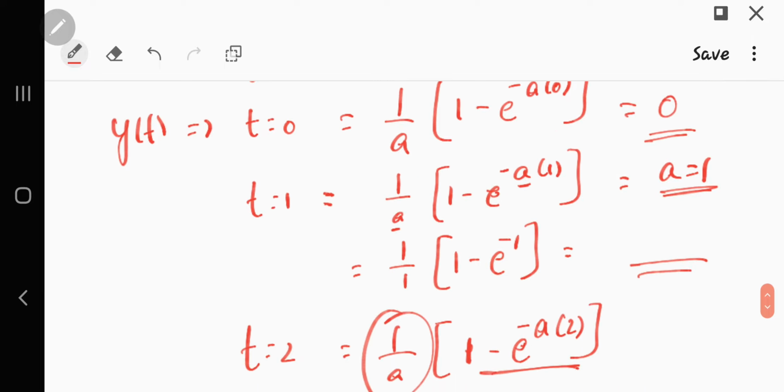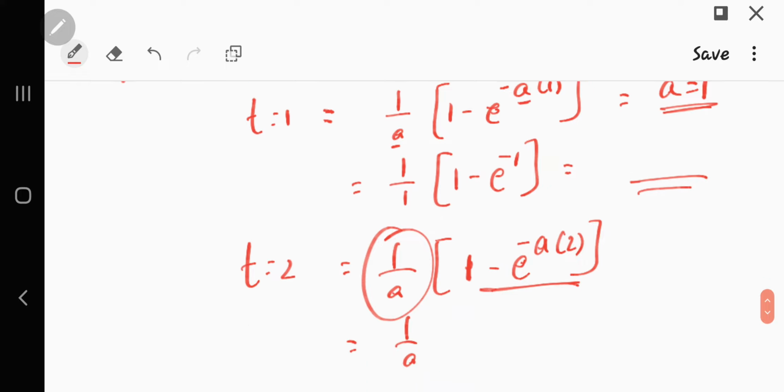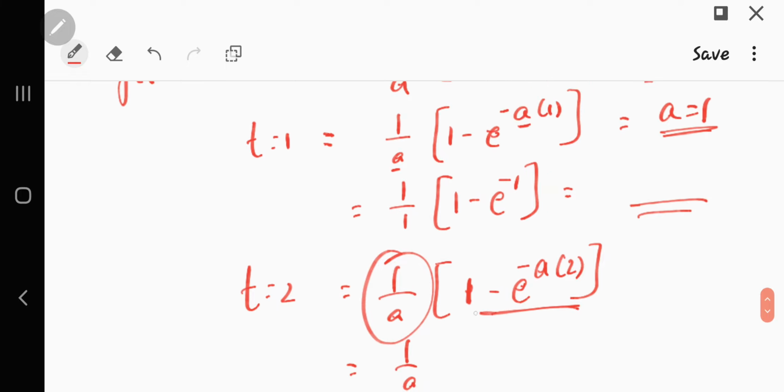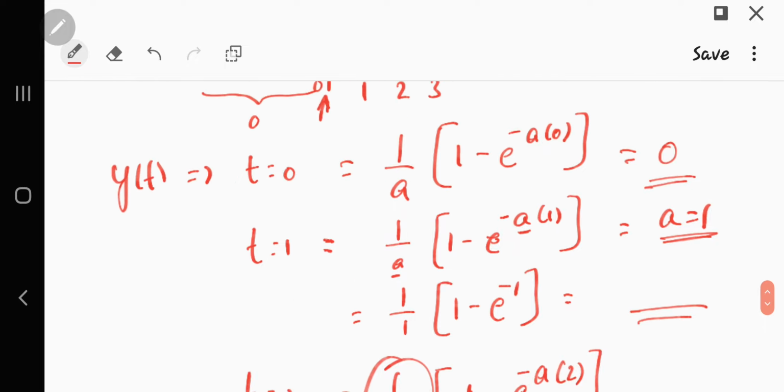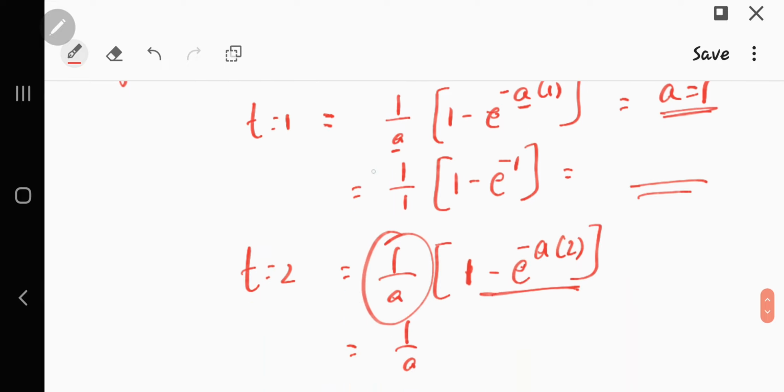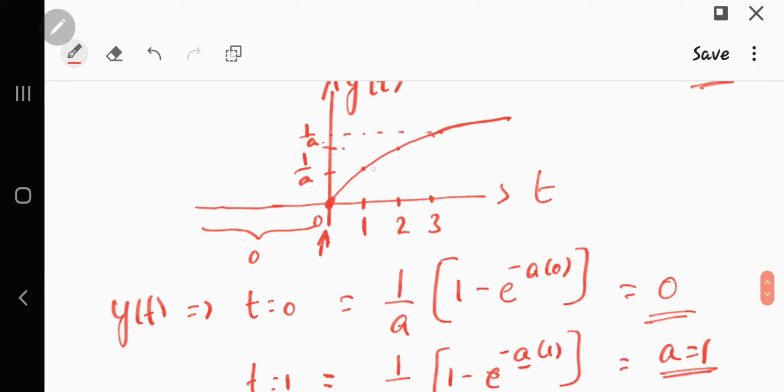So I have illustrated why the amplitude will be dependent on 1 by a. This is just similar to the case of amplitude scaling. Okay, so an exponential signal which is getting amplified with a scale factor 1 by a. So if you take any value of a which is greater than 0, if you take 1 for that respective value, you will get the amplitude here at 1.